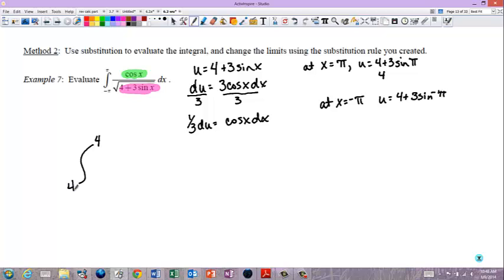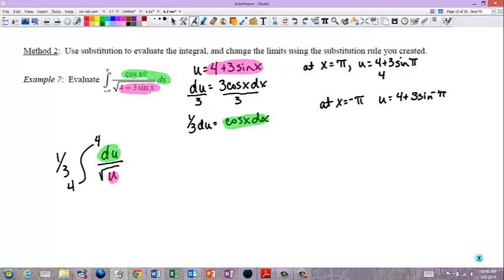And I've got this 1/3, sorry, got confused, du over the square root of u. If I plug it straight in, my cosine x dx is the du on the top, and then my u is 4 plus 3 sine x, so I put it underneath the square root.